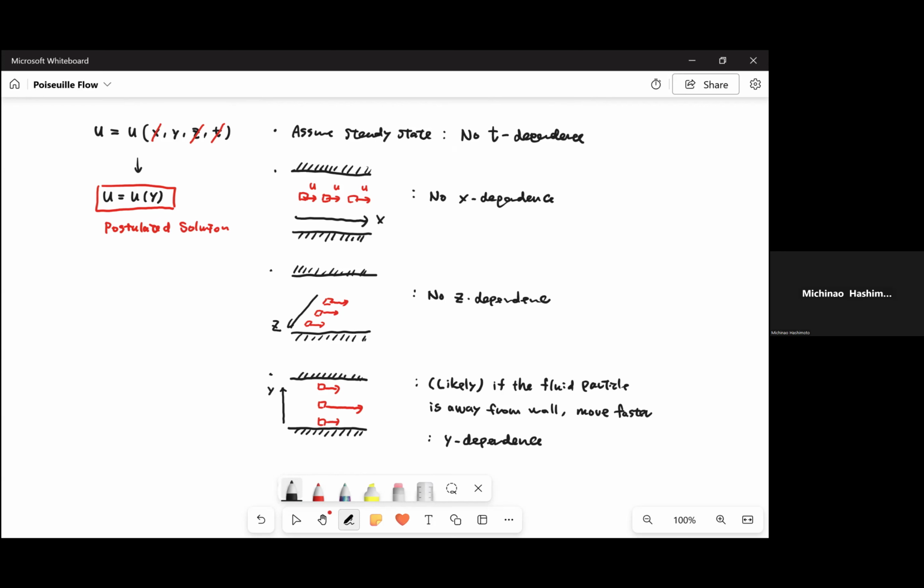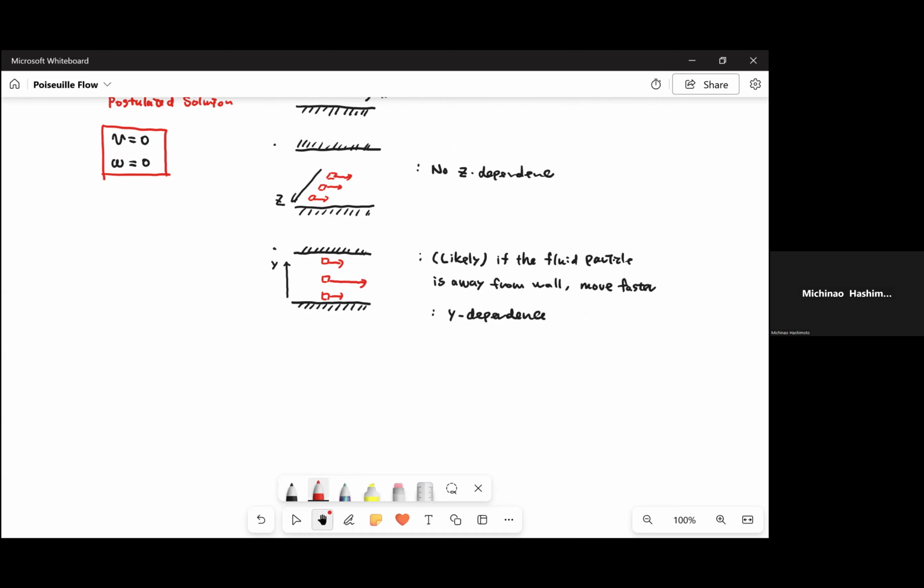In addition to u equals u of y, there is no flow in the y direction, and no flow in the z direction. So these are the other two postulated solutions.